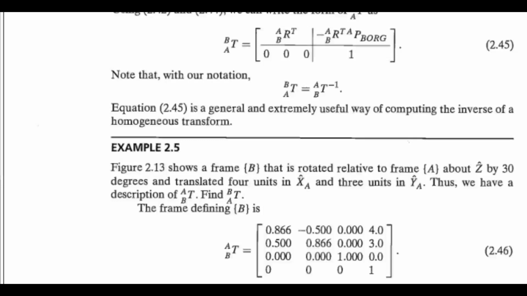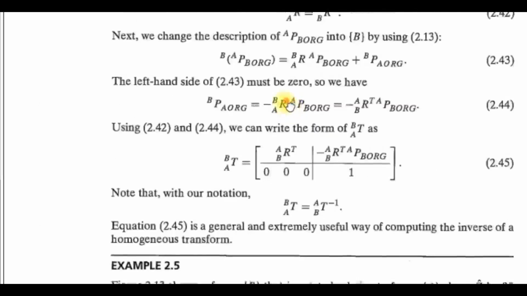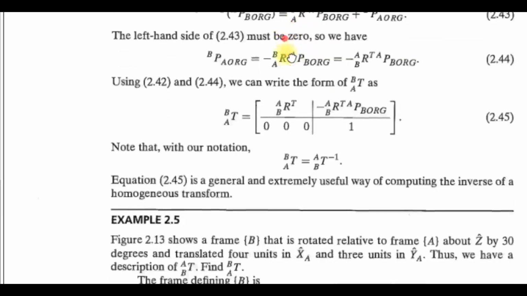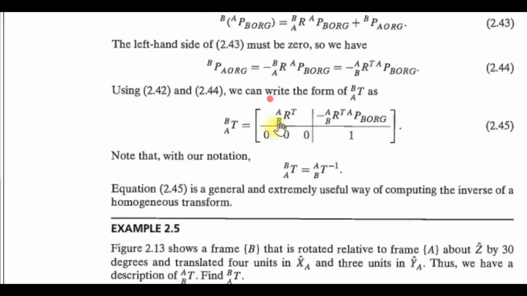If it is changed, means if it is inverse, then you have to consider the formula of inverse. So you just calculate B to A equals A to B inverse. Now what is the value?